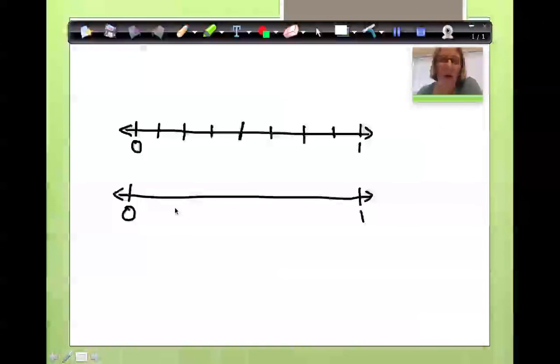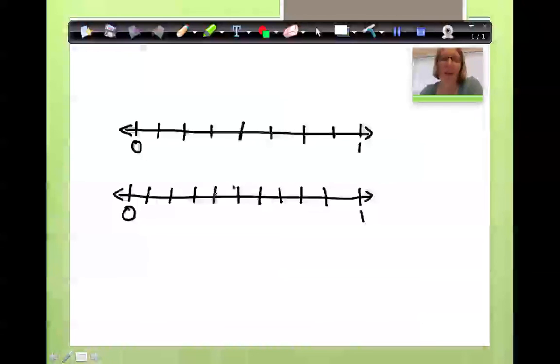And then please cut this one into 10ths. Okay, so 1, 2, 3, 4, 5, 6, 7, 8, 9, 10. Now this is a little bit bigger, so I hope it doesn't change things.